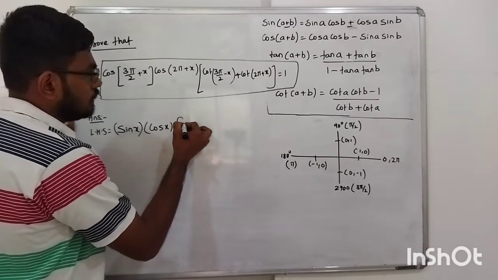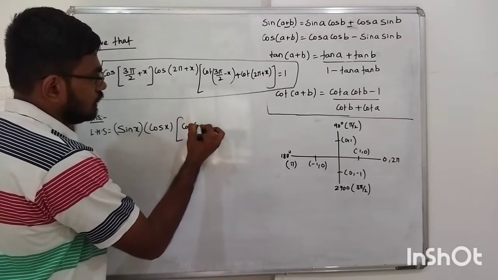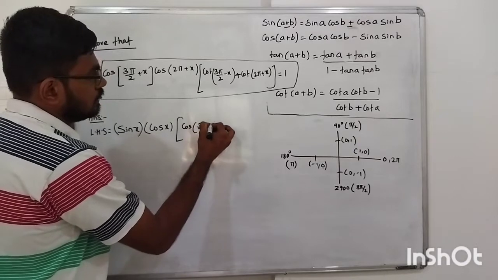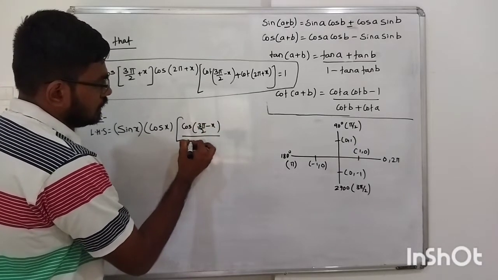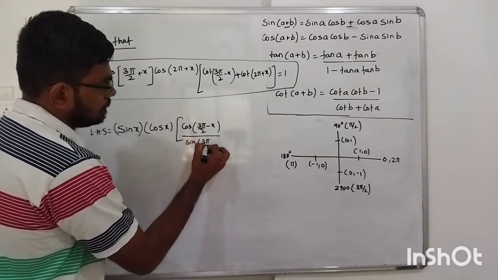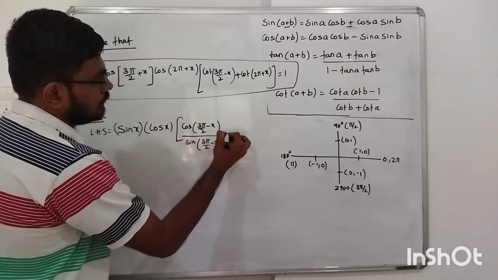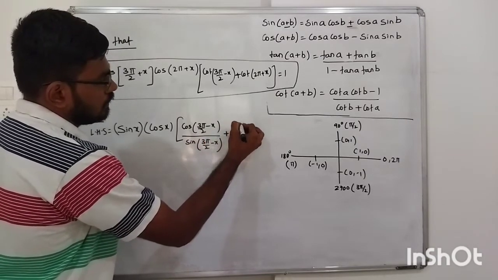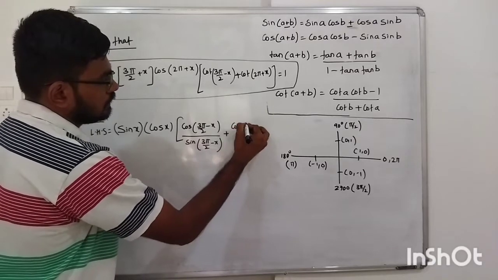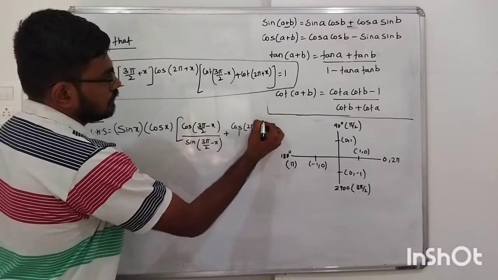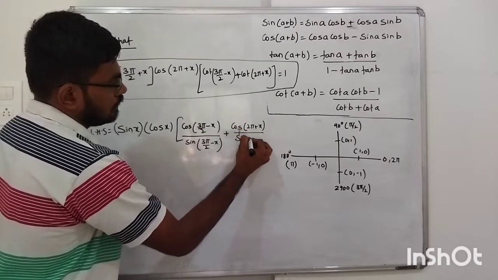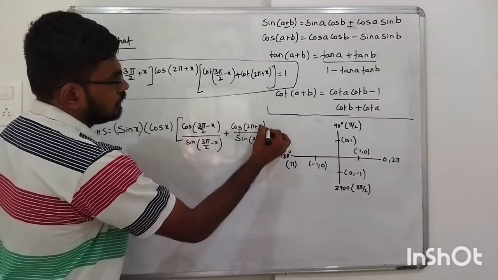Okay, sin and cos. So I'll write cos 3 pi by 2 minus x upon sin 3 pi by 2 minus x plus cot is cos 2 pi plus x upon sin 2 pi plus x. Then we'll find. Okay.